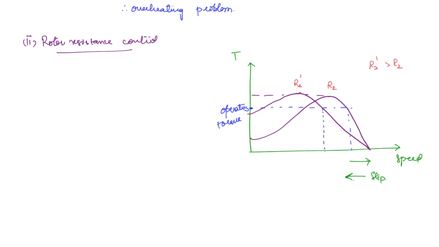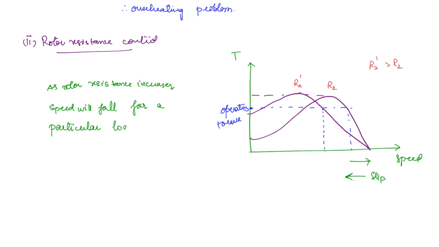So this is another method of speed control. As rotor resistance increases, the speed will fall for a particular load torque. But obviously since we are increasing the resistance here, it is going to result in more copper losses. So that is one of the disadvantages of this rotor resistance control.